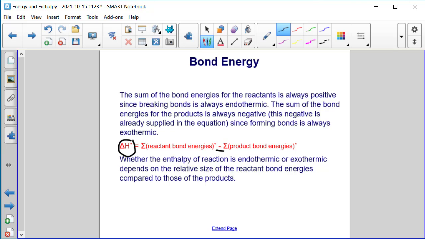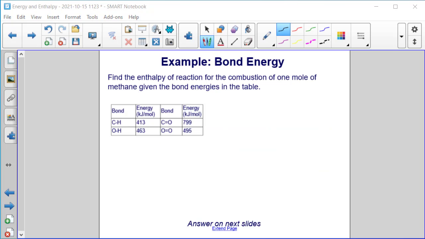Or does reforming the products, rearranging the atoms for the products, release more energy than is required to break the original bonds? So it depends on which of these is larger to tell us whether the reaction will be overall endothermic or exothermic.